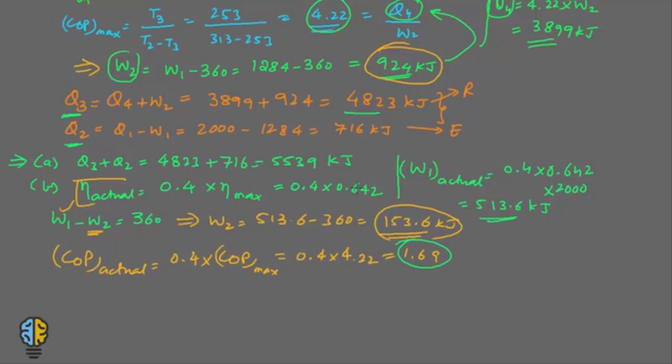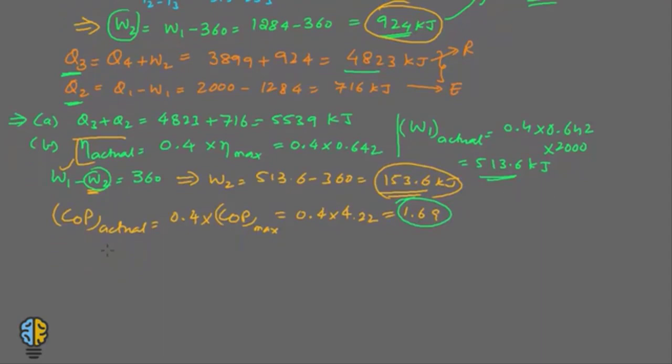Now let's find the value of Q4, because we know the value of W2 actual. The actual amount of heat being absorbed, Q4 actual, is equal to COP actual into the new value of W2. So this would be 1.69 into 153.6, and this gives the actual heat absorption as around 260 kilojoules.